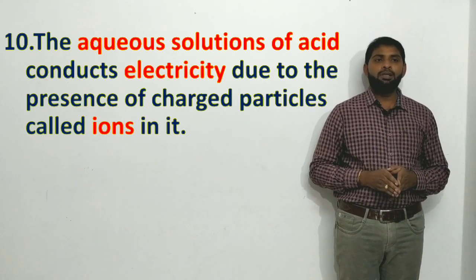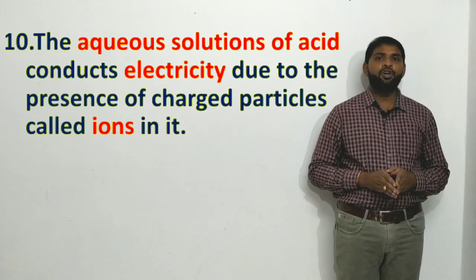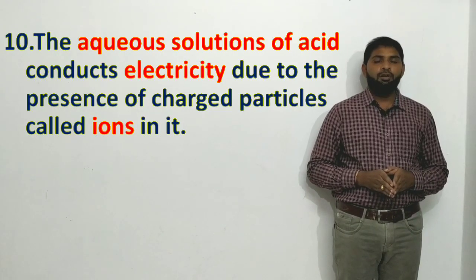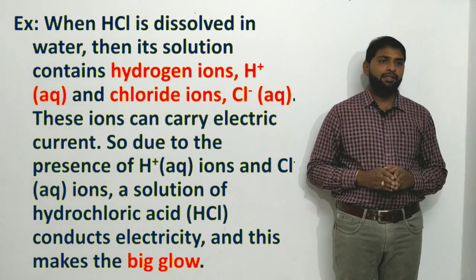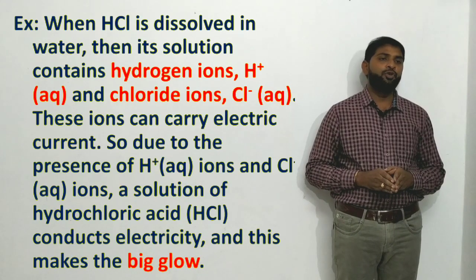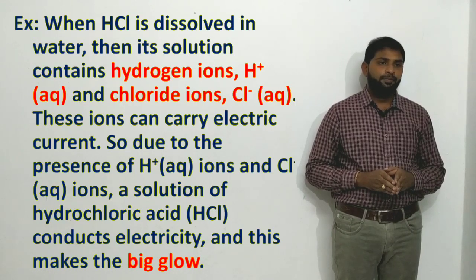We notice that the aqueous solutions of acids conduct electricity due to the presence of charged particles called ions. For example, when HCl is dissolved in water, its solution contains hydrogen ions and chloride ions.